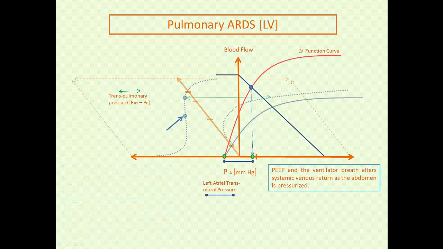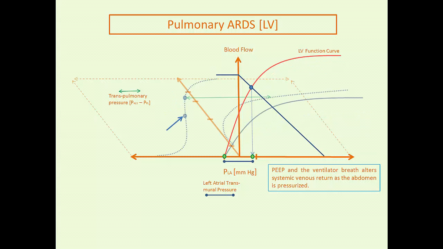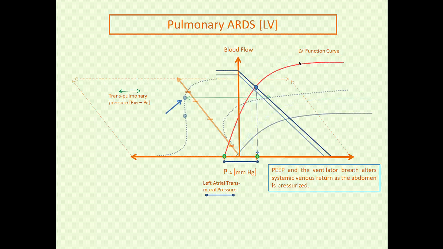So the application of PEEP by the ventilator again shifts the right ventricular cardiac function curve rightward. That tends to increase the afterload of the RV because of the increased transpulmonary pressure and therefore cause the RV to dilate. Well, what does that do to the left ventricular cardiac function curve? Well, the dilation of the RV tends to shift the LV function curve down and to the right because of ventricular interdependence effects, and that would be a steady state effect.